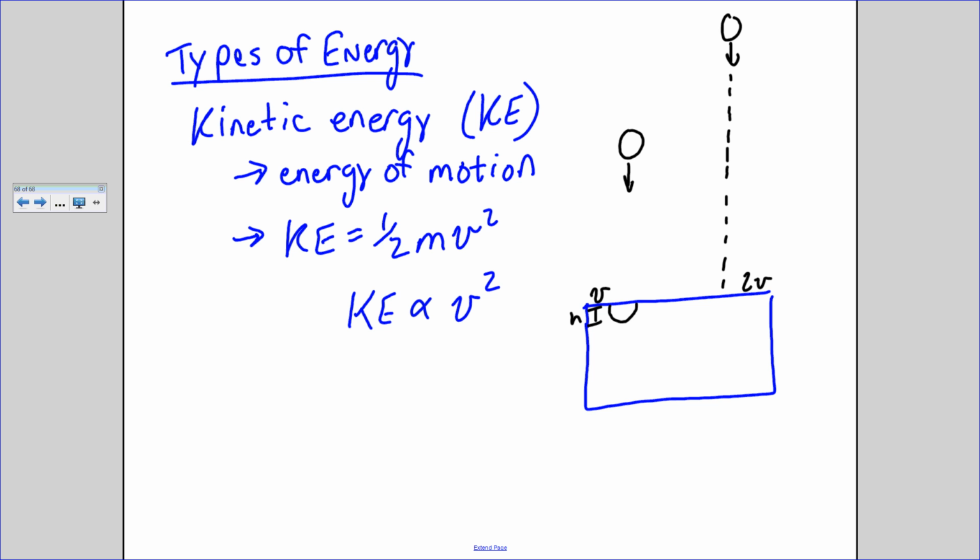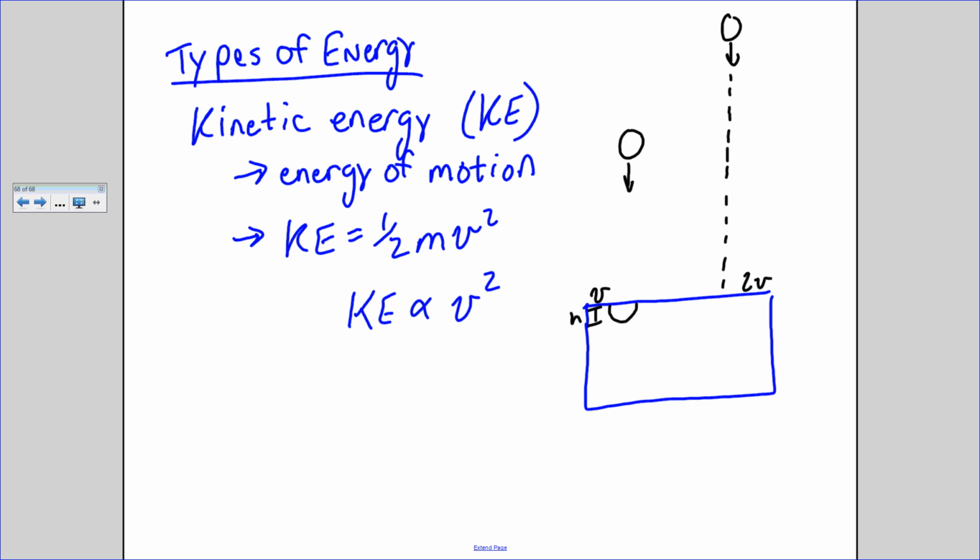And so if you believe that the kinetic energy isn't proportional to the square of the velocity, and instead is just proportional to the velocity, how deep should this indentation be? How much deeper than this one? If it's going twice the speed, it's going to have twice as much energy, and so it's going to drop down twice as much. But how much deeper did you find that it dropped into the clay?